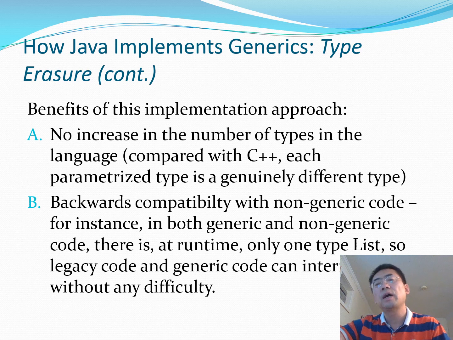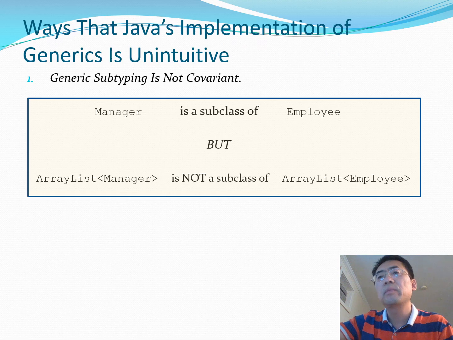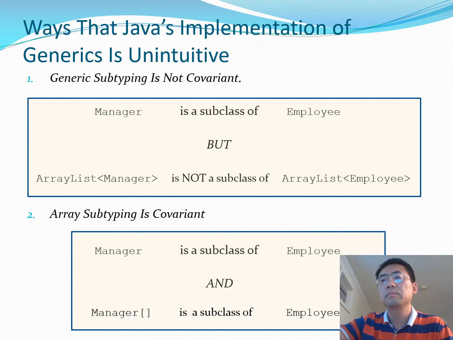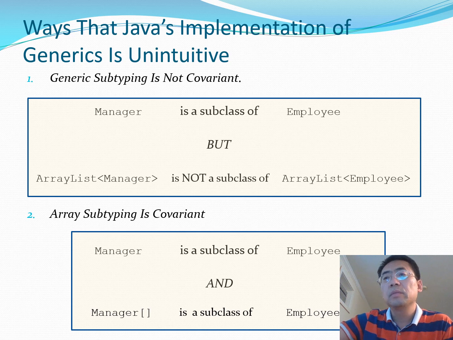Before Java 5, we used raw types, and after Java 5, we use generic or parameterized types. But once you compile it, you get bytecode. They're actually the same, with all the type information removed. And this is how Java supports generic types or parameterized types.